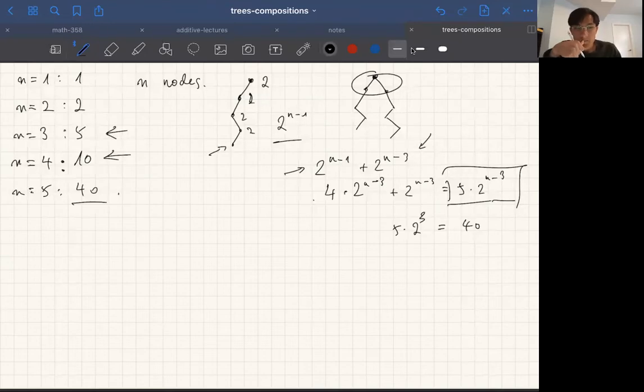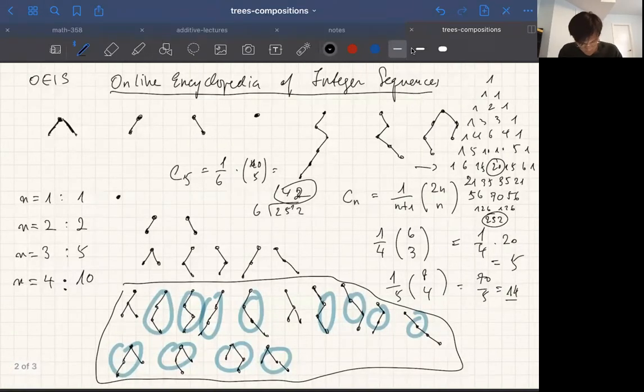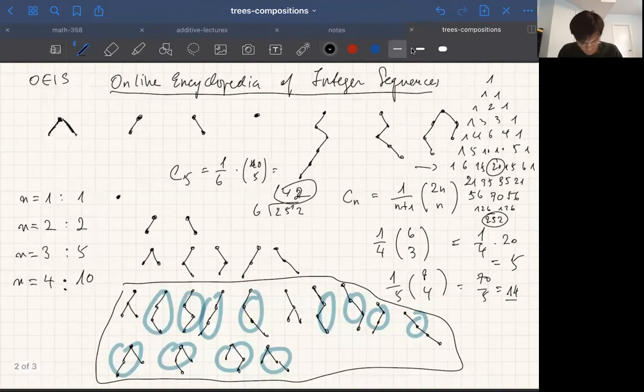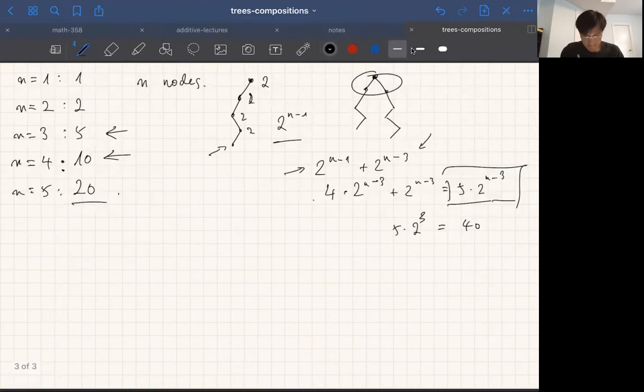So n equals... So that would say there's 20 here. That could make sense. 20. That still doesn't seem right. To the n minus 1 here, to the n minus 3 here.